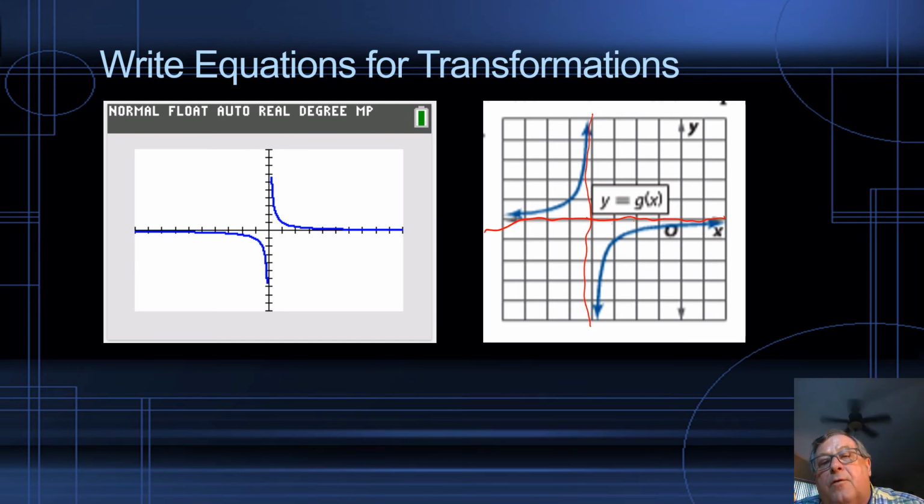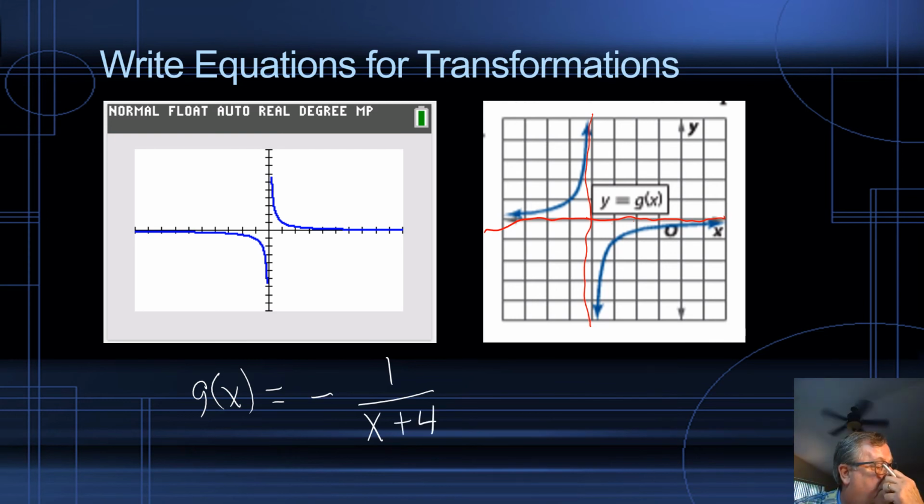So I can characterize this again as g of x. G of x then is going to equal negative 1 over x. I shifted to the left, so this is going to be x plus 4, because this actually serves as a grouping symbol, which gives me the horizontal shift of 4 to the left.